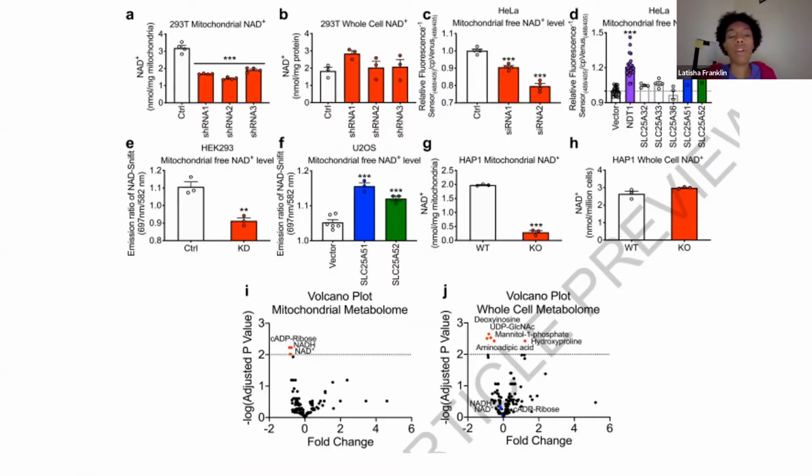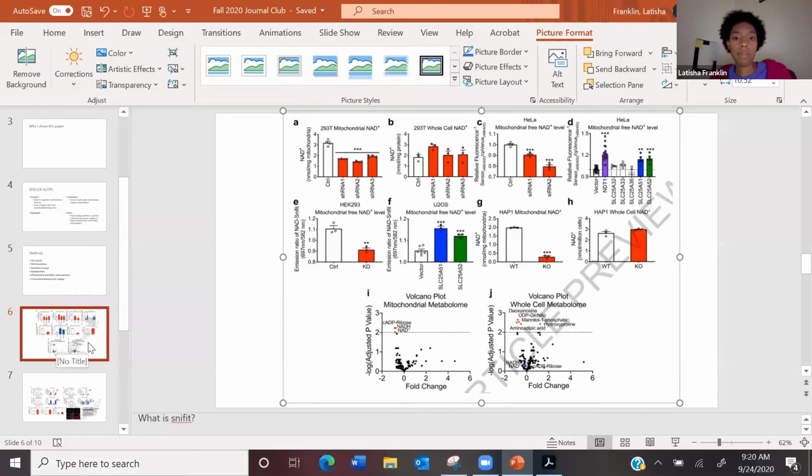This whole figure is just to indicate that there are differences in the mitochondrial levels, and differences of NAD levels within the mitochondria versus the whole cell. They use a number of different cell types to show us that, and I think this is convincing.